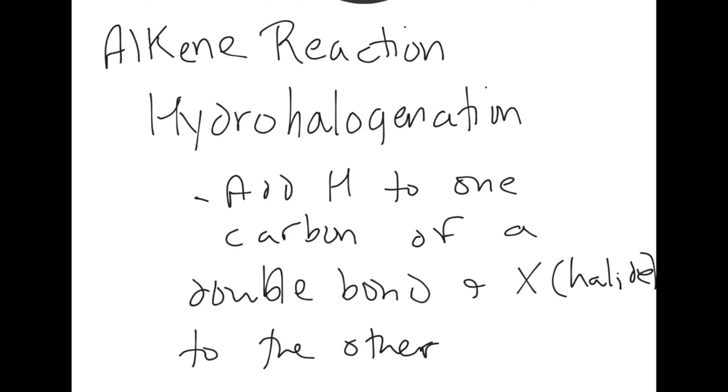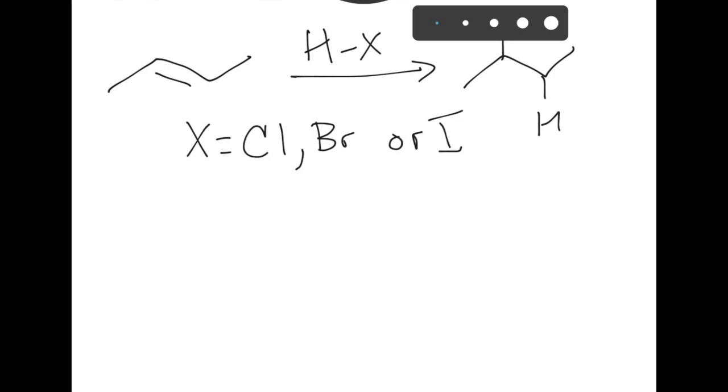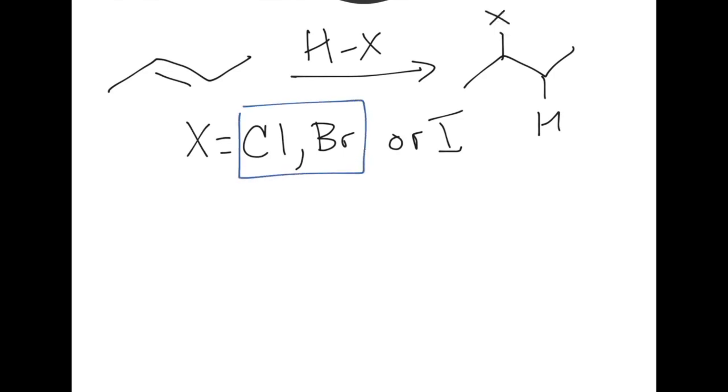Our go-to example is taking butene and reacting it with HX. You add X to one side, H to the other. X can be chlorine, bromine, or iodide, but 95% of the time it's just chlorine or bromine.